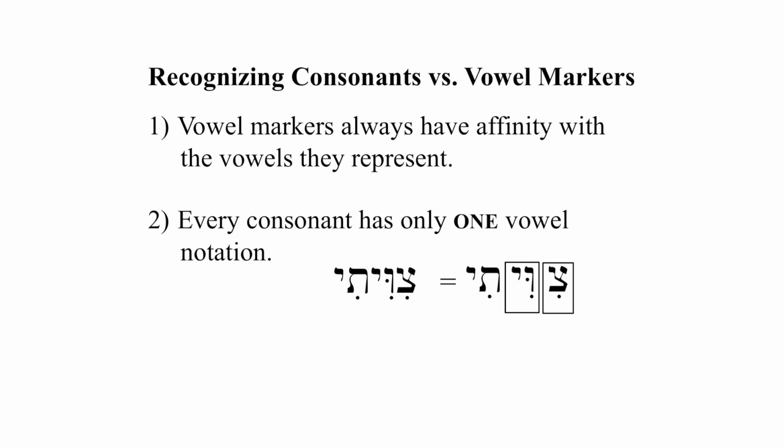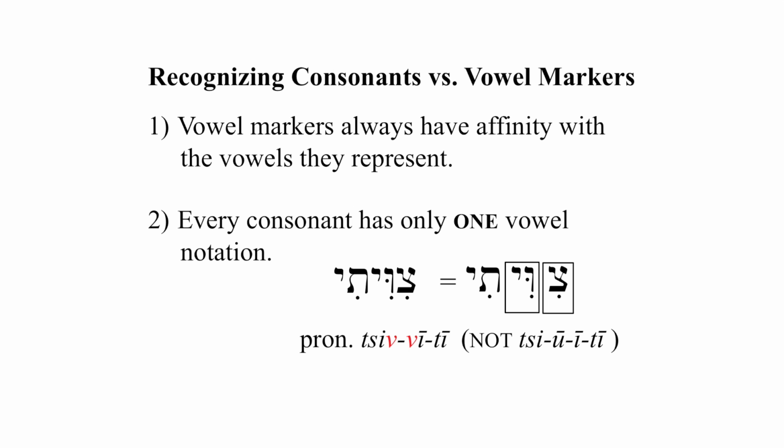So this word is pronounced tsiv, doubled vav, tsiviti. And every consonant in the word has to have one vowel notation and one vowel notation only. That becomes very important for helping you distinguish pronunciation.